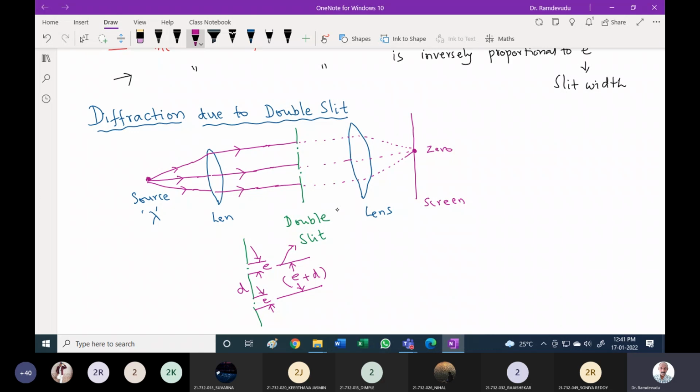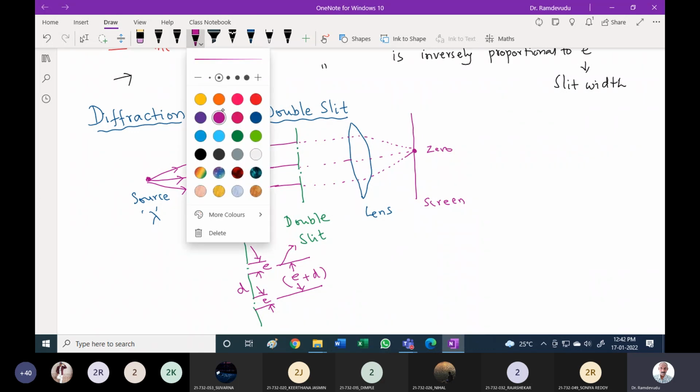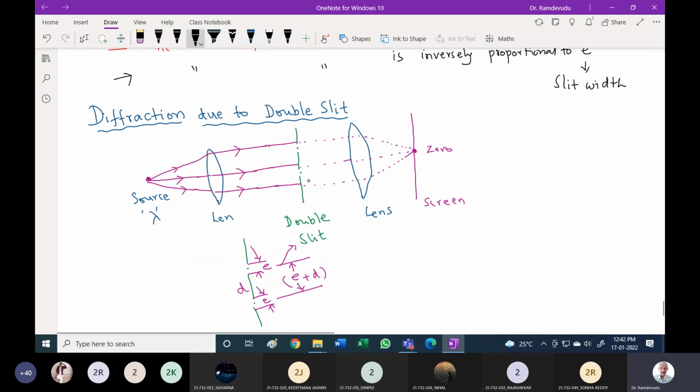However, we know that because of the small nature of the openings, the slits get diffracted, and therefore the diffracted beam goes by an angle theta when compared to the straight lines. This is theta, and this is also theta.